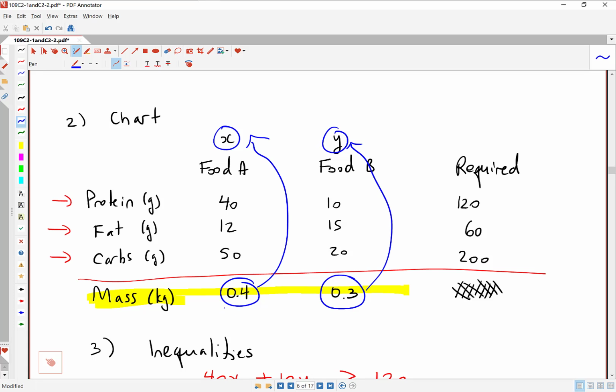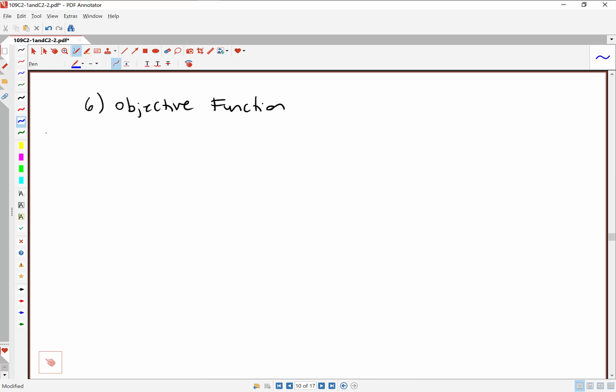Because the idea is it's 0.4 kilograms for each serving of food A, and then you've got x servings of food A. So if you multiply those together, you get the number of kilograms just from food A, and then you add that to the kilograms from food B. Okay, so let's write that down. We are trying to minimize the mass, which is 0.4x plus 0.3y.